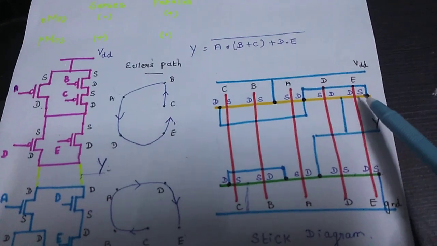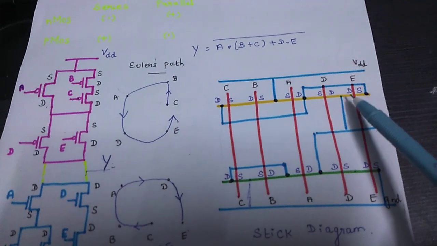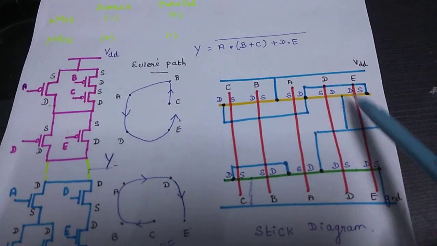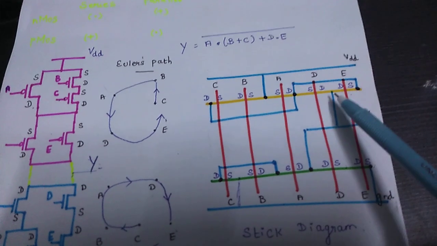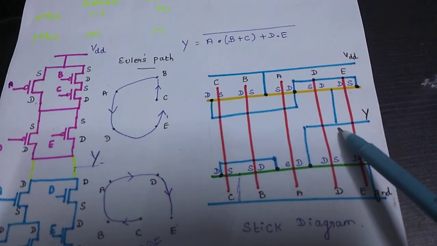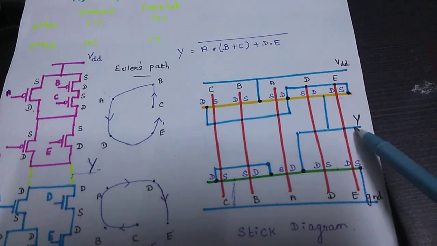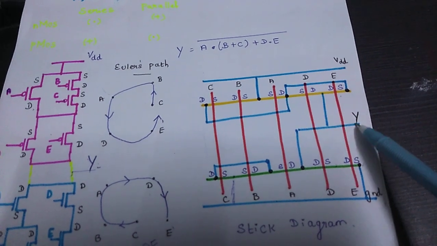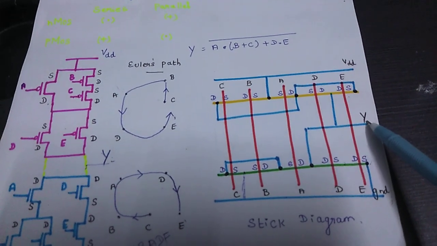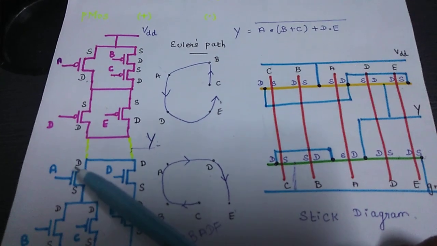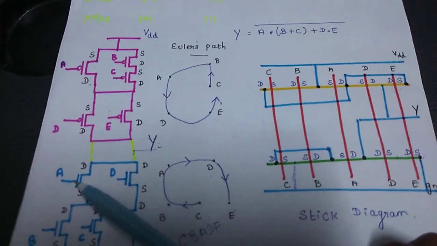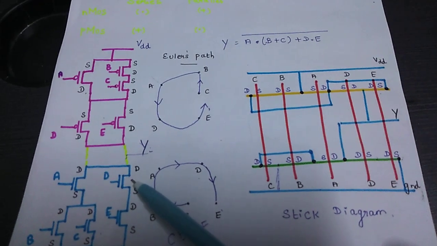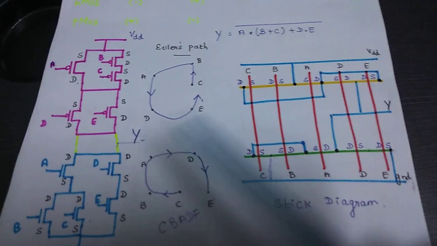In between D and E of your PMOS transistor, drain of D and E, I am just making a metallic contact, a blue color metallic contact, in order to measure the output Y. Similarly, the drain of A transistor and D of your NMOS has to be shorted, right?